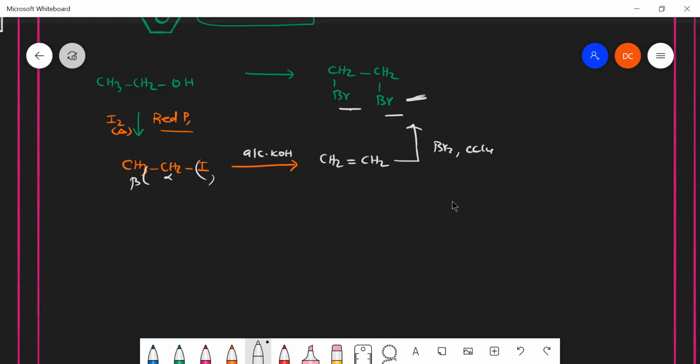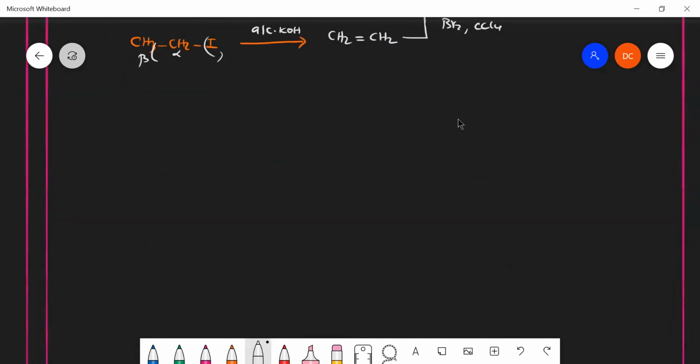Aqueous KOH, alcoholic KOH, we discussed that. Suppose there is a double bond here, and it reacts with Br2 in the presence of heat or light. What kind of product can I get? Whenever heat or light is used, there will be a monohalogenated product.